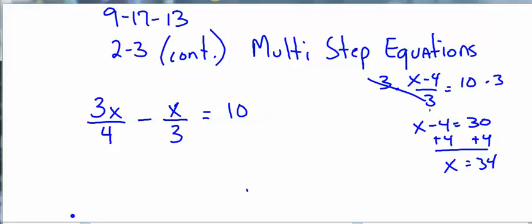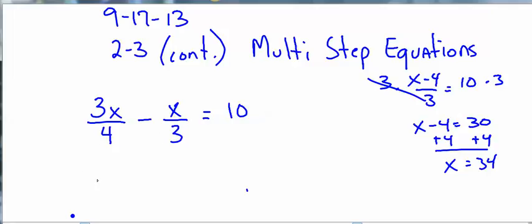The same type of technique works here, but you got to get a little more creative in your thinking, because the denominators aren't the same, are they? Okay? So you've got to pick a number to multiply both sides by, so that when you do that, you get rid of both denominators.